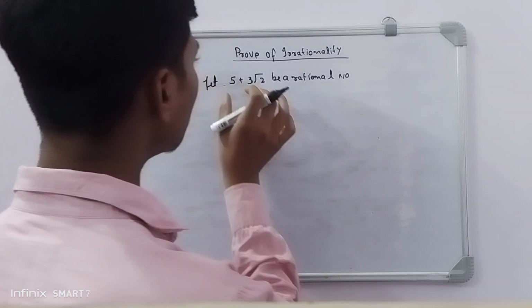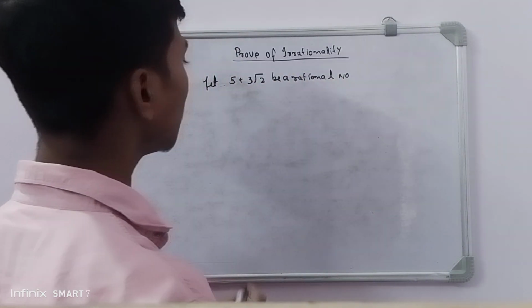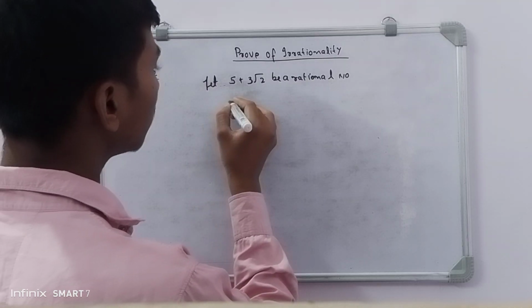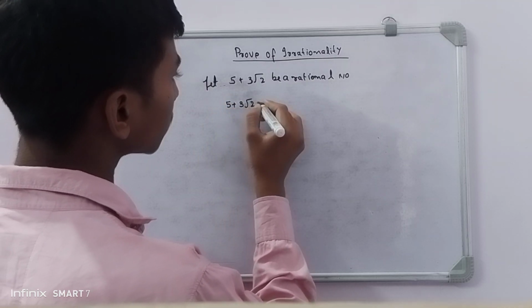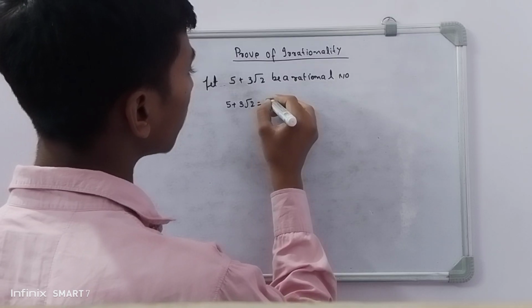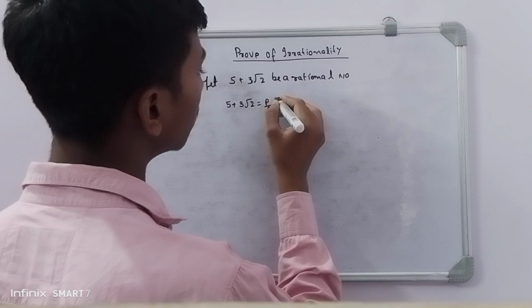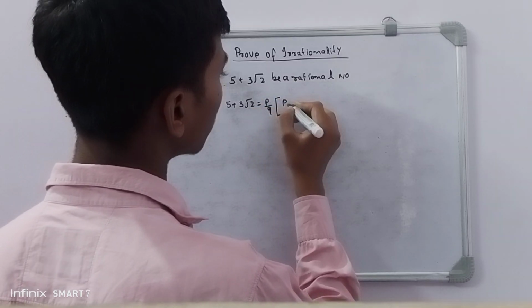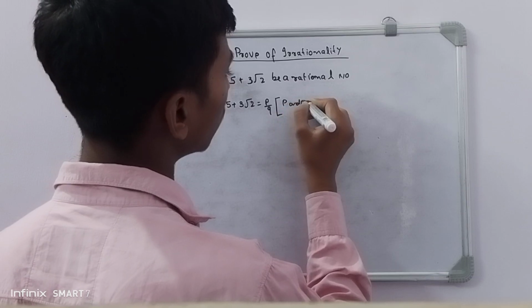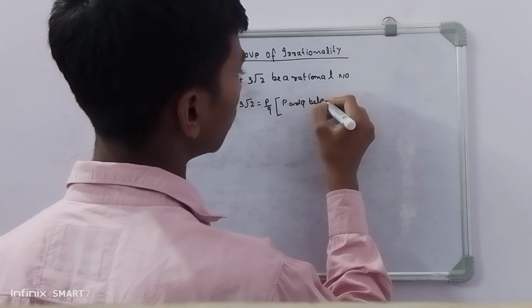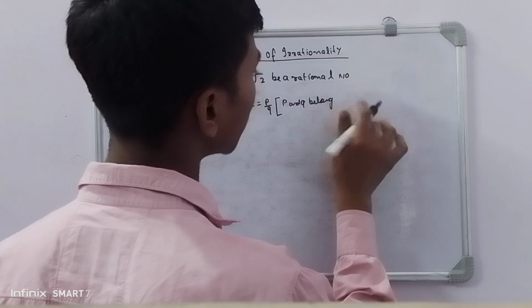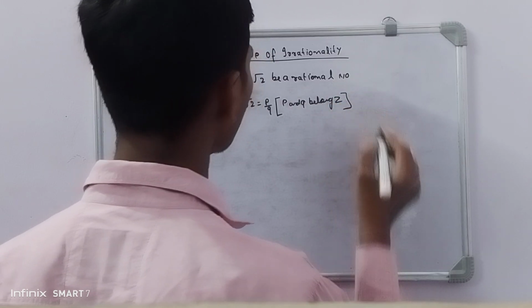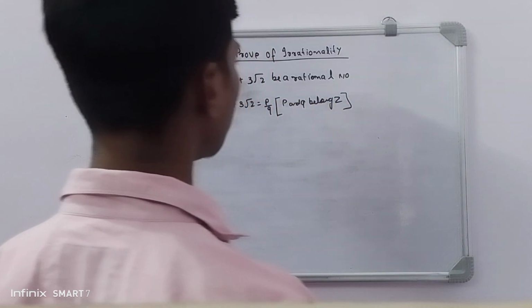So as we take this one to be a rational number, we could write 5 plus 2 root 3 is equal to p by q, where p and q belong to the integers, which can be written as Z in short form.